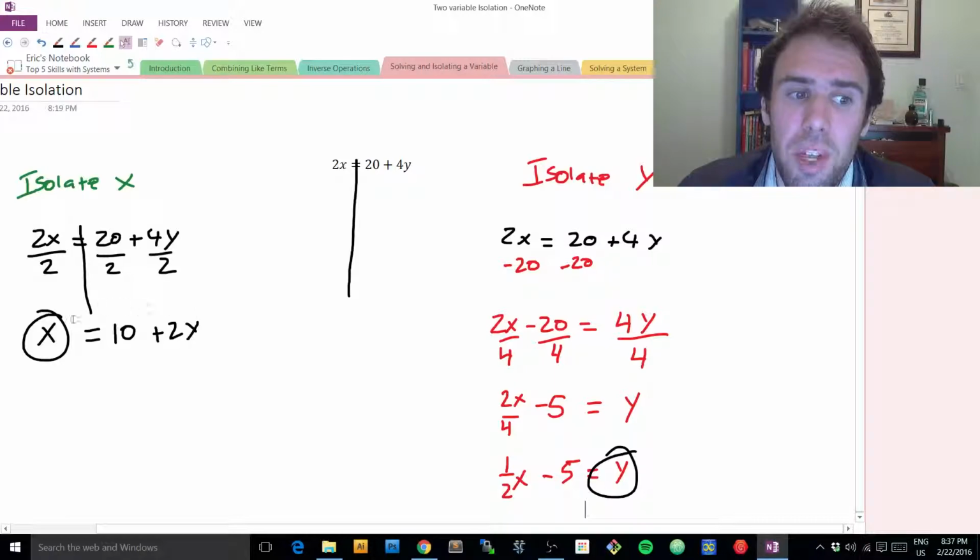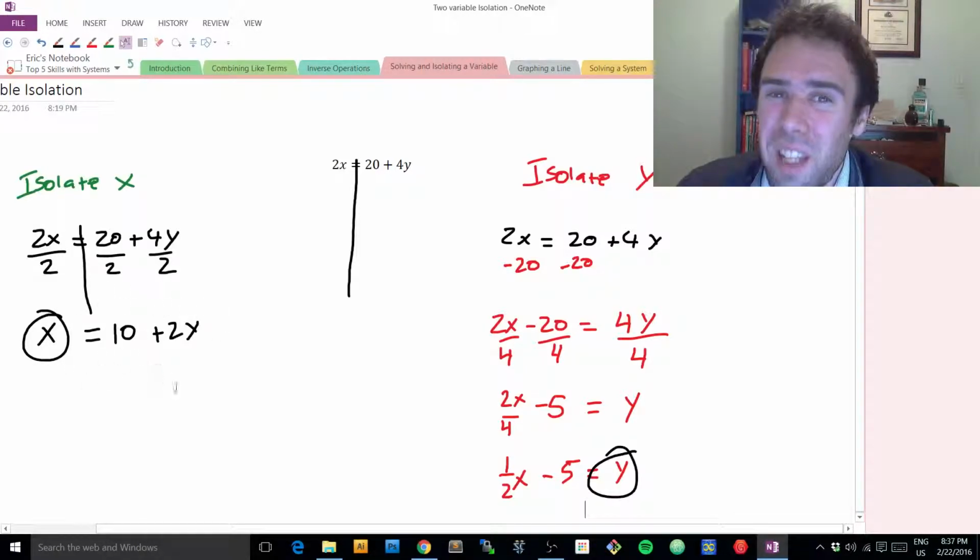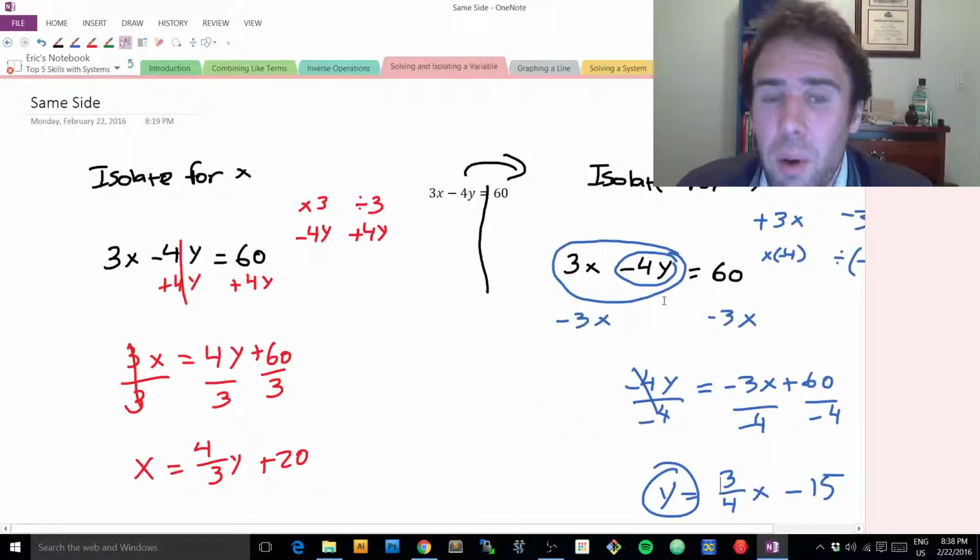So you'll notice that isolating x took a lot less work than isolating for y, and we could have predicted that because there's not so much going around the x and there's a lot going around the y. However, when the x and the y are on the same side, you're going to get a lot of work either way. So, hope this was helpful. Try watching it one more time and move on to the assignment.